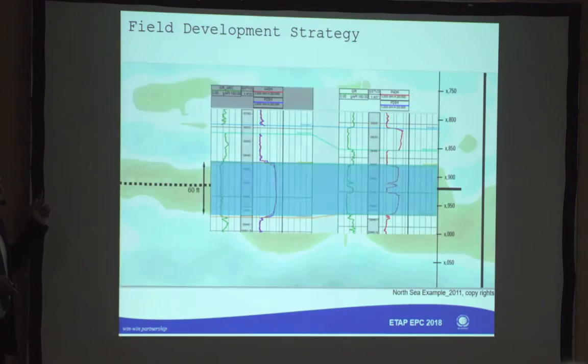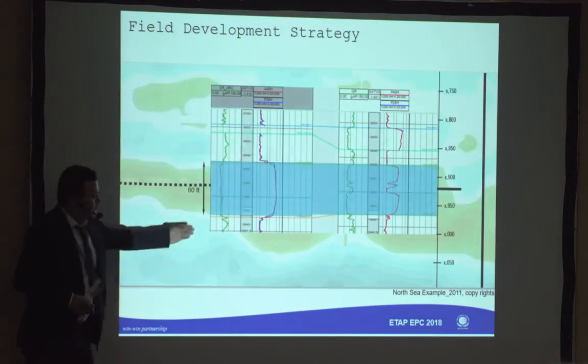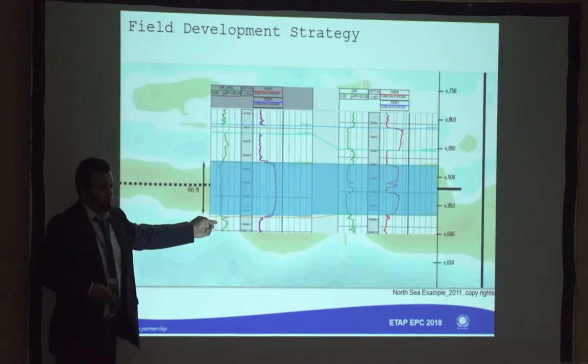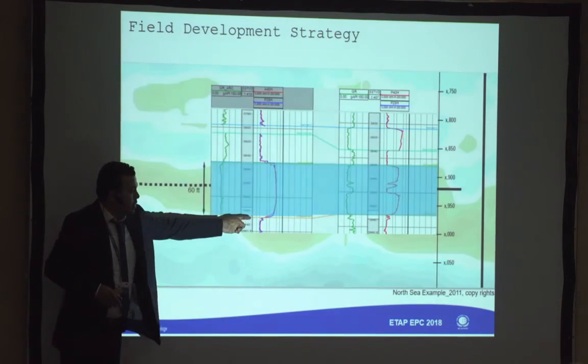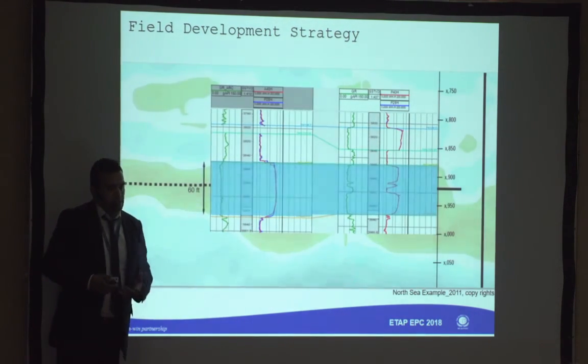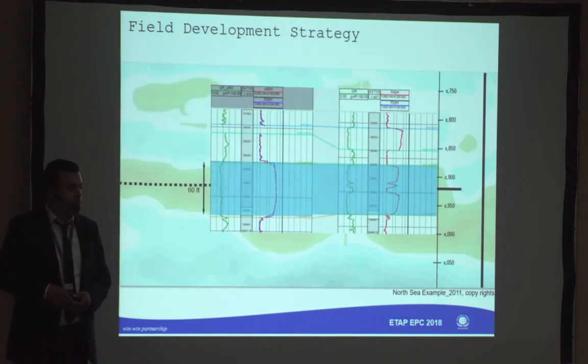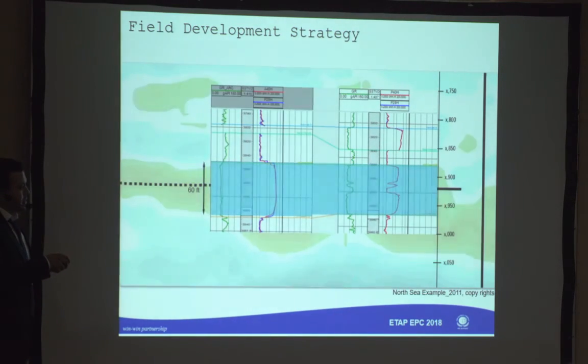If you drill, for example, a well here, this is the response we got from the gamma ray that tells us it is a clean sand, and the typical response of the sand filled with hydrocarbon, which is higher resistivity. If we put another well here, because of, as I said, the lateral variation of the sand injectite in this environment, we have a different response, and we cannot map the whole reservoir with the same philosophy.